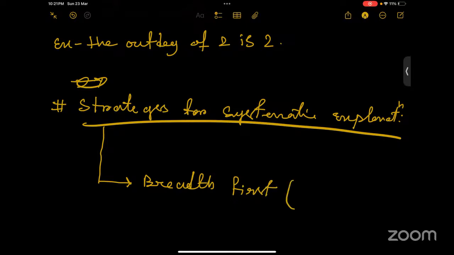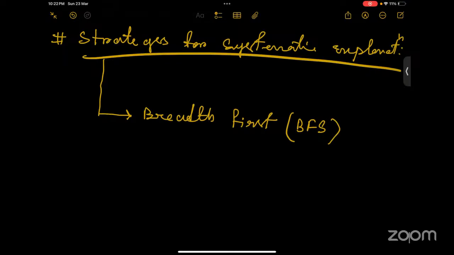We will always write it as BFS. Okay. Breadth first strategy. And second, we have depth first, DFS.